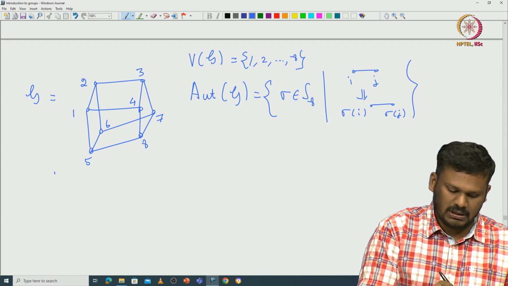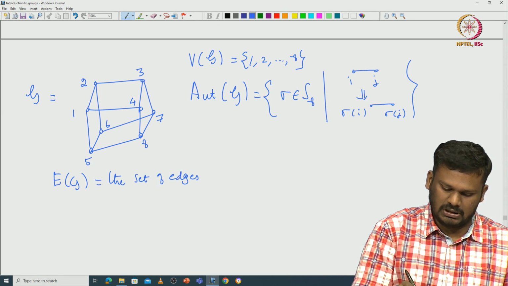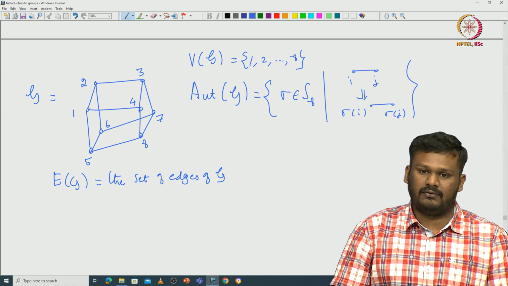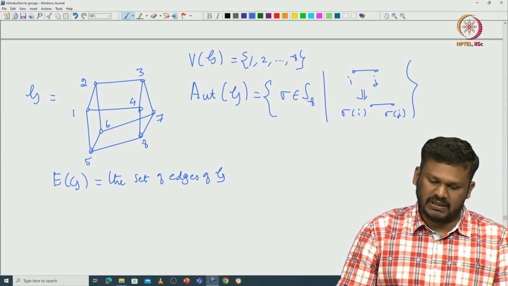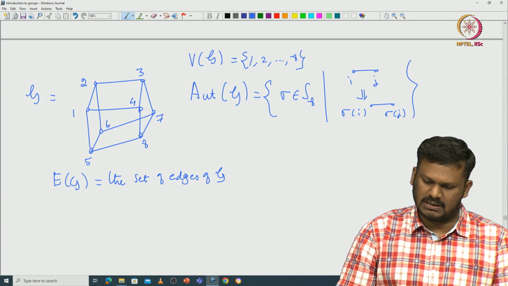So, if you use E of G as the set of edges of G, then you can see that because this is a simple graph, that means there is no loop and no multiple edges. So, the edges can be just denoted as a tuple.